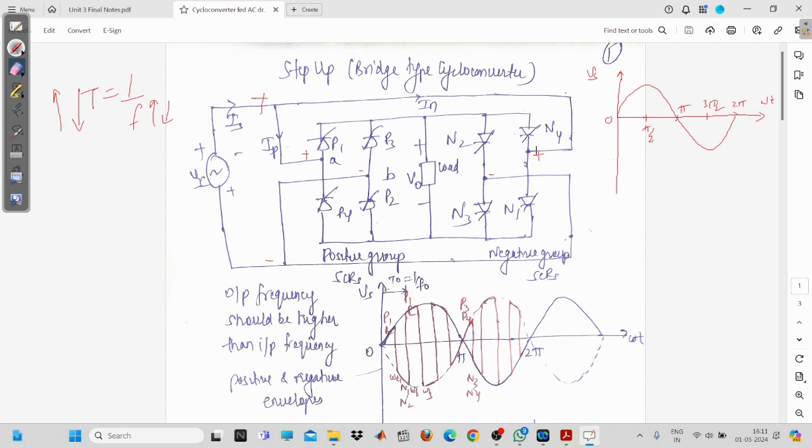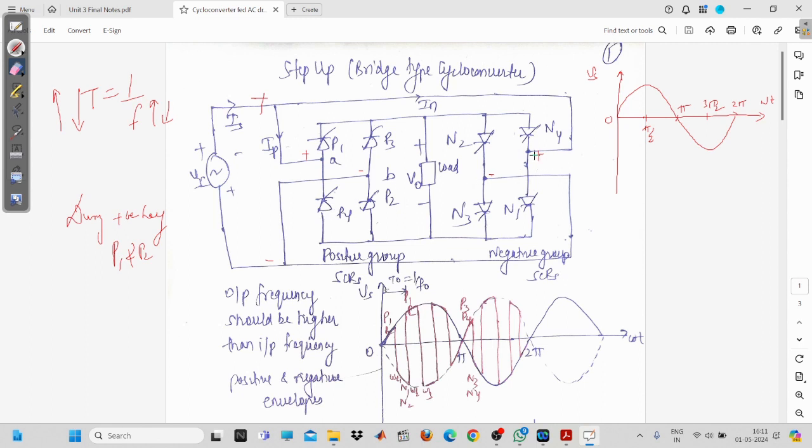So which two thyristors will turn on? During a positive half, P1 and P2 are going to be operating, because only P1 and P2 are in the forward bias condition, whereas P3 and P4 are in the reverse bias condition during the positive half.